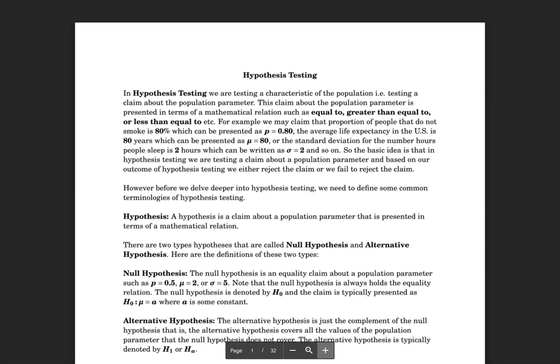That could be one testing, or the average number of years two-year college students take to graduate from college, right? That's testing the average for a population of college students.